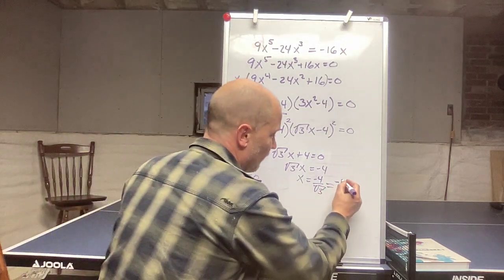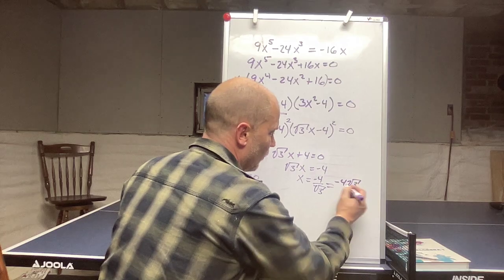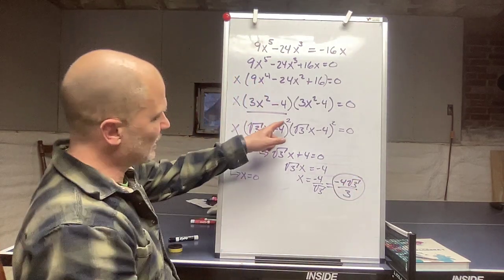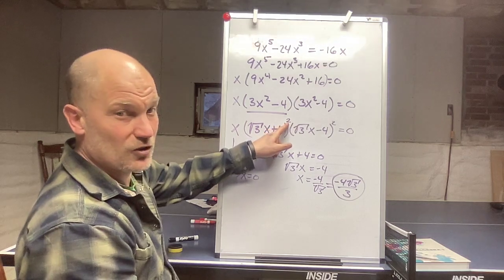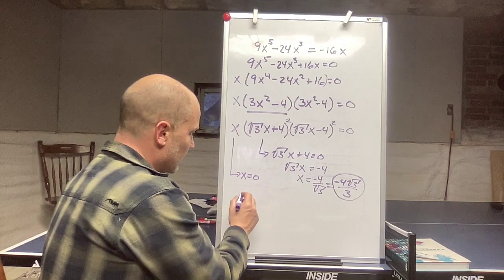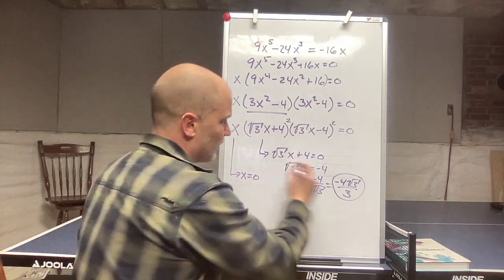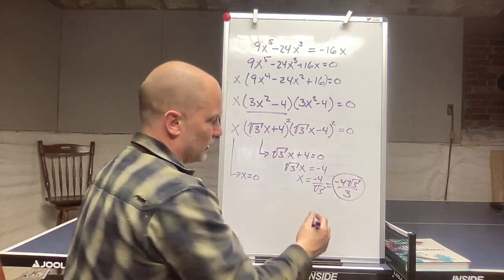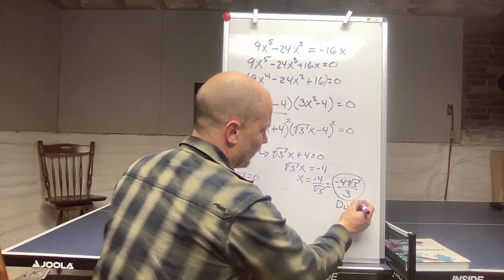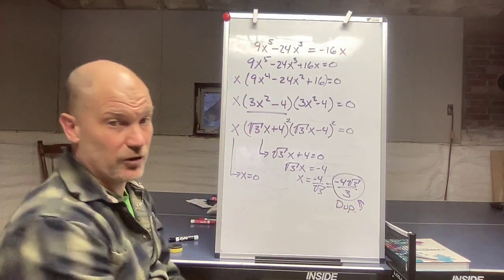So I'm going to get negative 4 root 3 over 3. So that right there is a duplicitous root because there are 2 of them. So I'm going to make another note to myself, and maybe I'll write duplicitous because two of my roots are those.